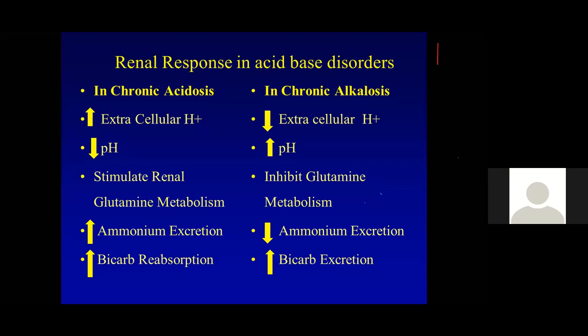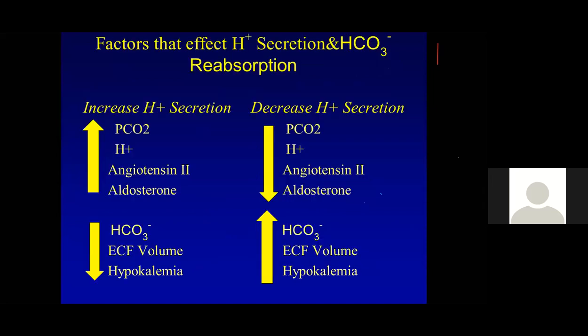These are the two things we have to keep in mind: what the lungs do and what the kidney does. If you understand this simple funda, it is very, very important. And what are the factors which affect the hydrogen ion secretion and bicarbonate reabsorption? So as a whole nutshell, this is how it happens.